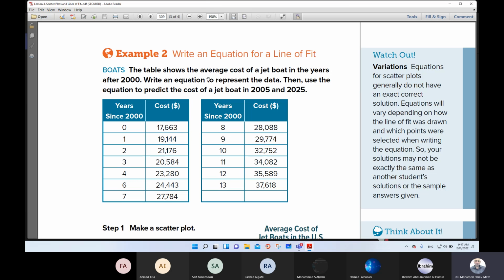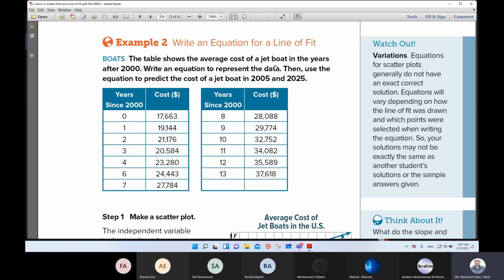The table shows the average cost of a jet bought in the years after 2000. Write an equation to represent the data, then use the equation to predict the cost of a jet bought in 2005 and 2025.